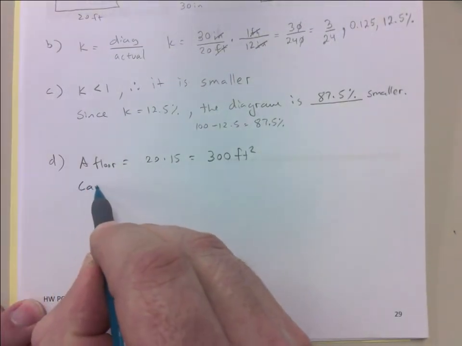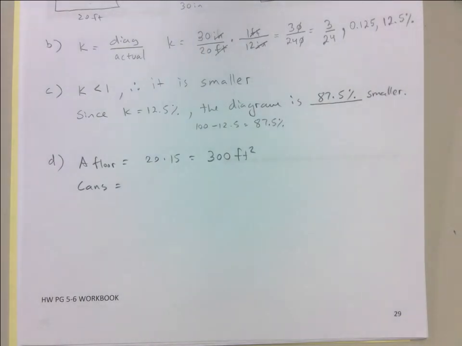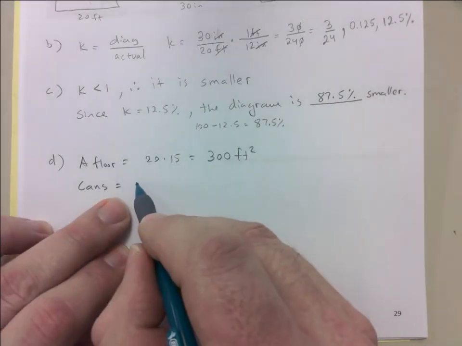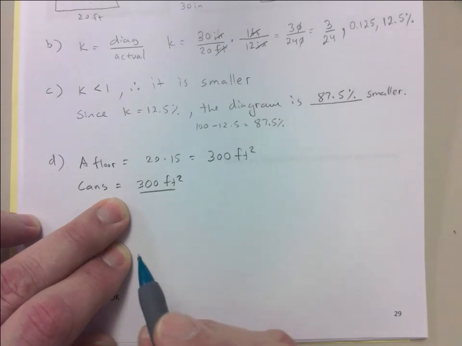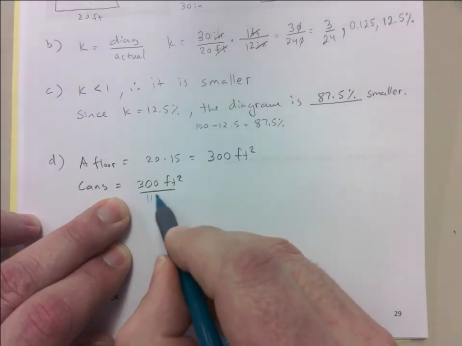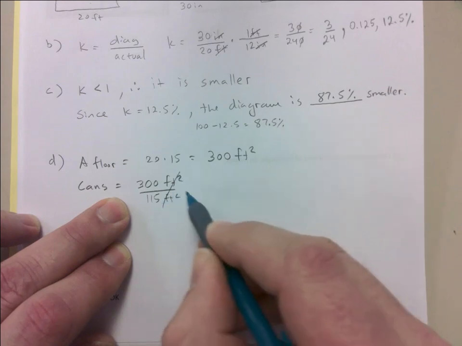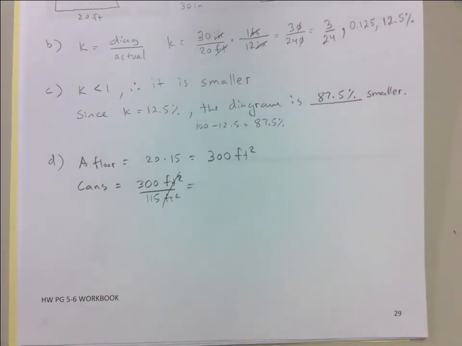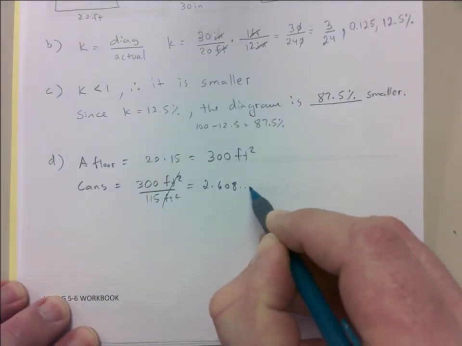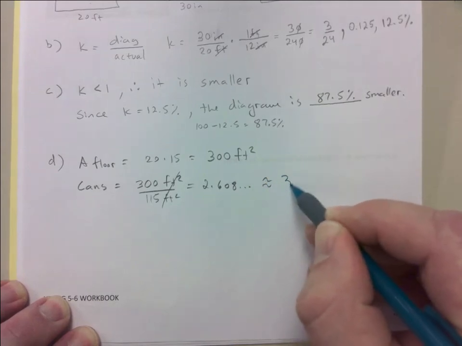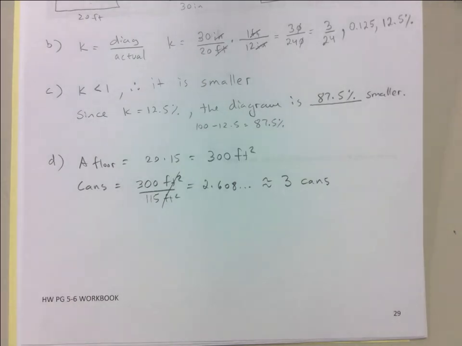And then I need to figure out how many cans. The liner could also be done in coats, okay? So you gotta watch out. Anything can be done in coats or in layers. So we go 300 square feet divided by how much one can covers, which is 115 square feet. That cancels out, so we go 300 divided by 115. That's 2.608 something. We're going to say we need approximately 3 cans. We need to round up, no partial quantities.